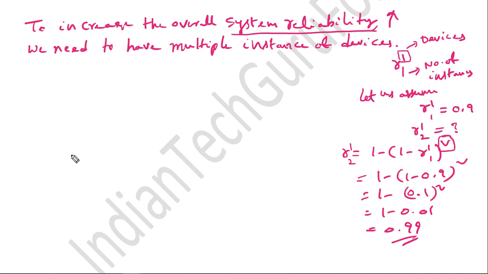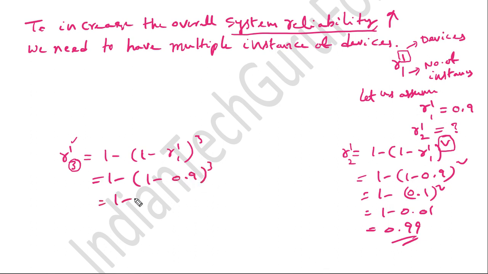Similarly, we can calculate R power 1 suffix 3. What does it mean? Now we are having three instances of device 1. Then the reliability will be 1 minus (1 minus R power 1 suffix 1) whole cube, which is 1 minus (1 minus 0.9) whole cube, which is 1 minus 0.1 whole cube, which is 1 minus 0.001, which is 0.999.